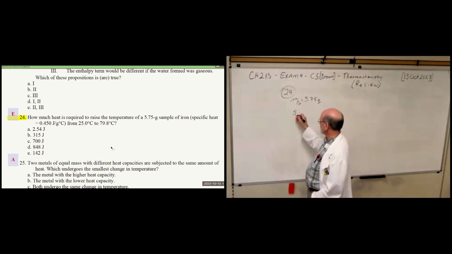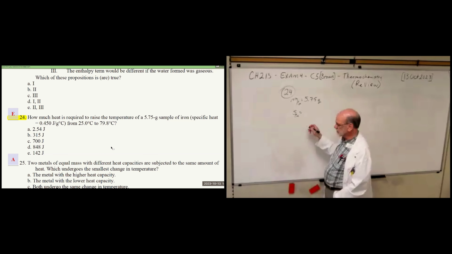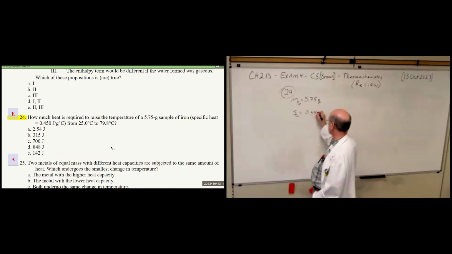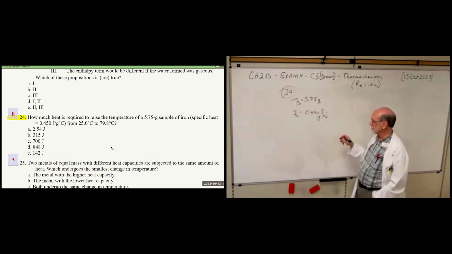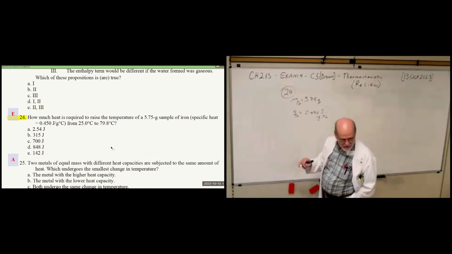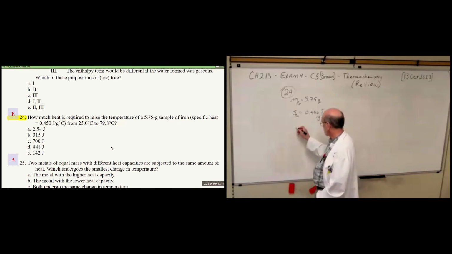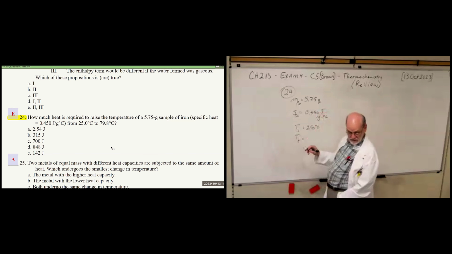The specific heat, which is S for iron, is 0.450 joules per gram degree C. That's the units of measure. The initial temperature is 25 degrees C, and the final temperature is 79.8.